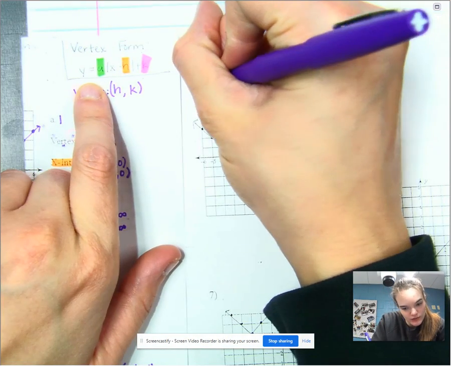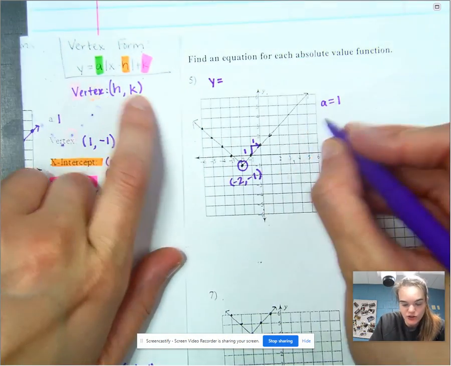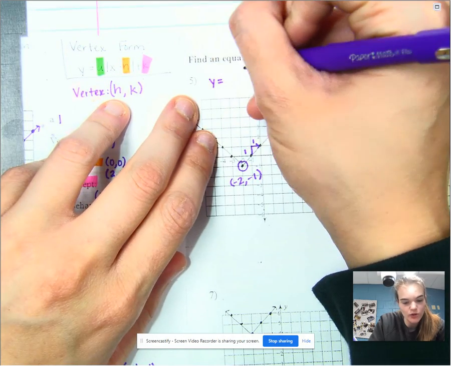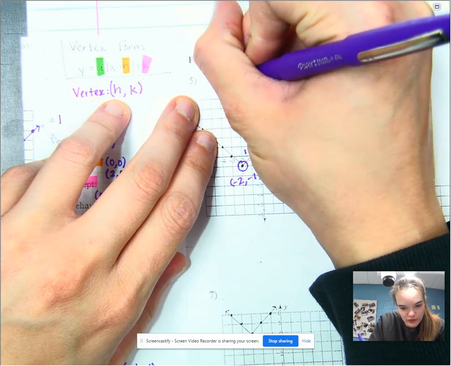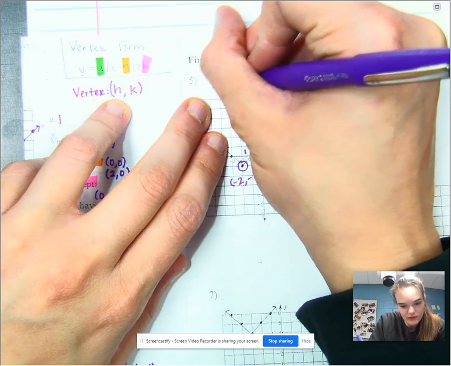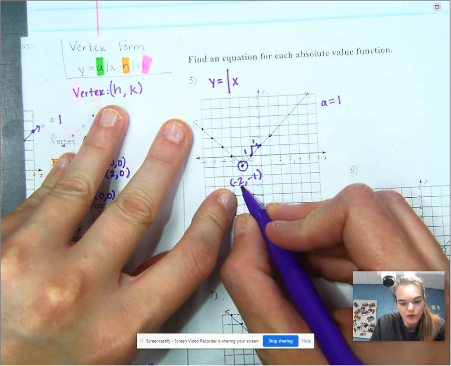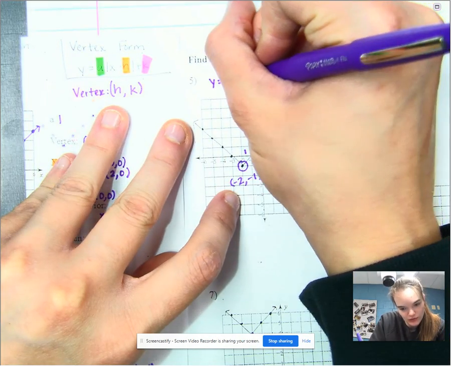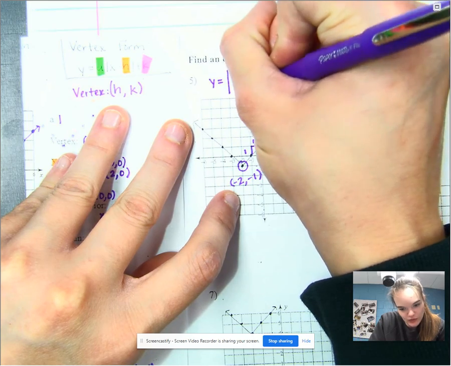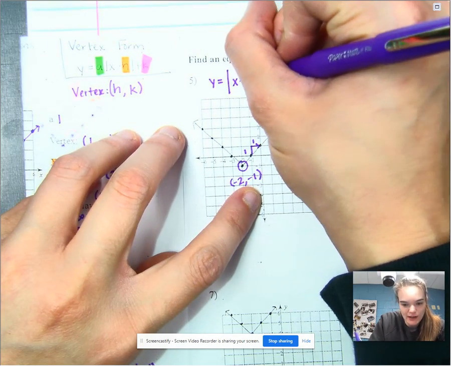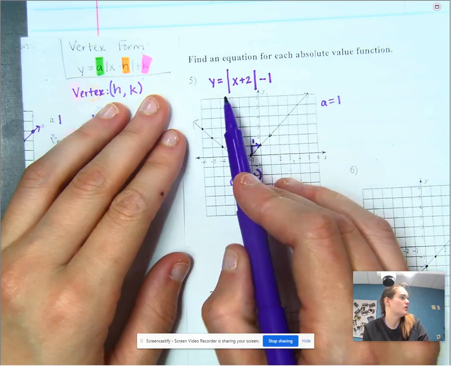Y equals A, which is 1. You can put a 1 or you can leave it blank. Absolute value of x. Then we put in the opposite of what our x value is. So we put +2. Absolute value -1. Here is our equation.